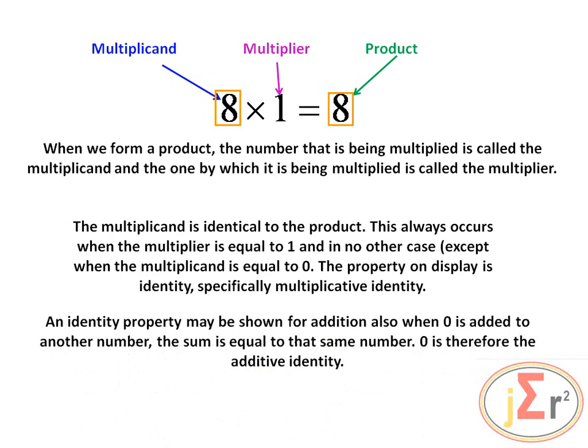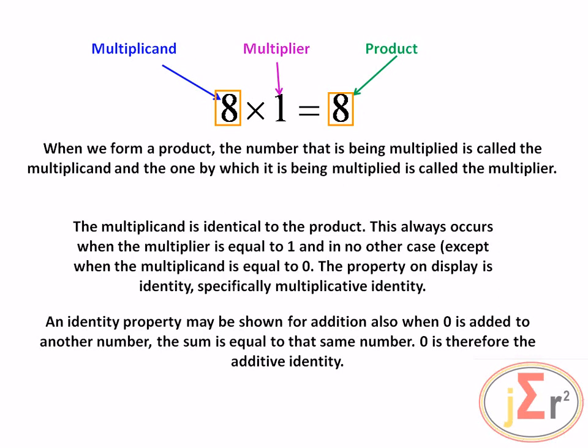An identity property may be shown for addition also when 0 is added to another number. The sum is equal to that same number. 0 is therefore the additive identity. So we have the multiplicative identity, which is 1.